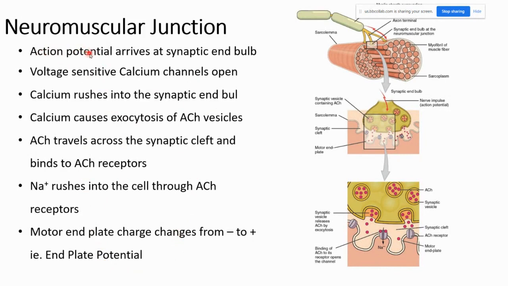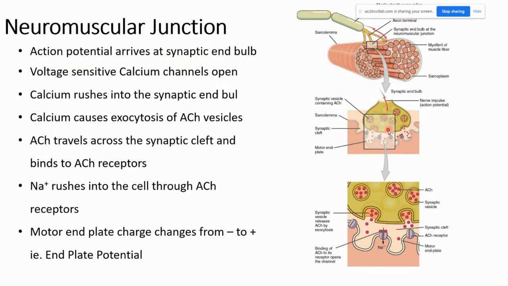So the action potential, the message that's coming from the brain, arrives at the synaptic end bulb. That's where that axon terminal gets big at the end. You can even say, it might be simpler, the action potential arrives at the axon terminal, which is the end of the axon. It's written right there, axon terminal.